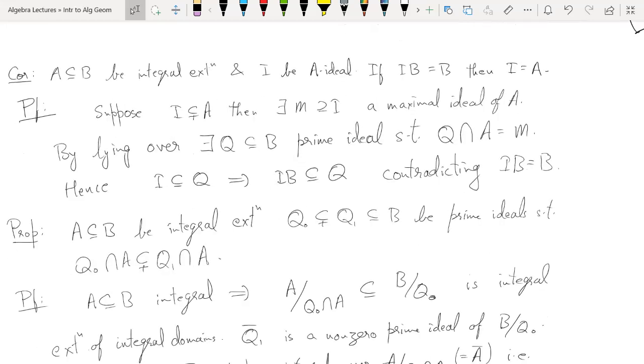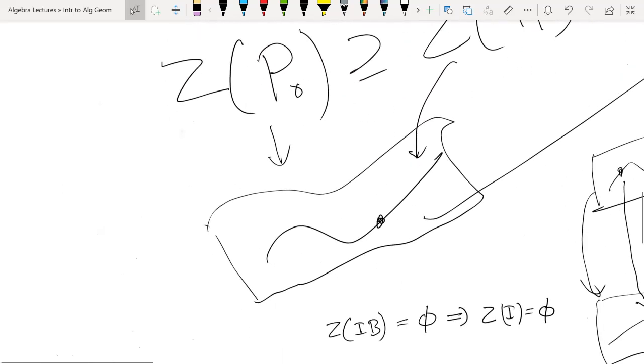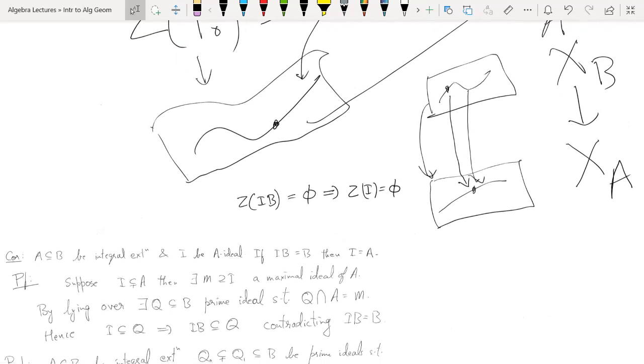Another thing is that if you have an integral extension and Q naught and Q1 are two prime ideals of B such that Q naught is properly contained in Q1, then their contractions to A are distinct. The translation of that is that a curve and a point cannot contract to the same guy here.